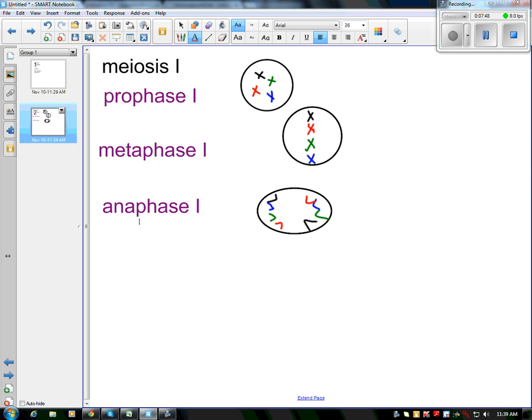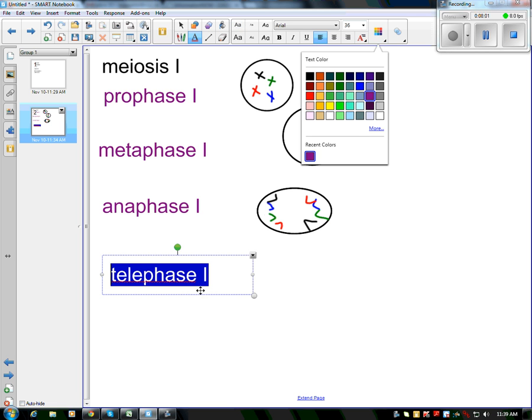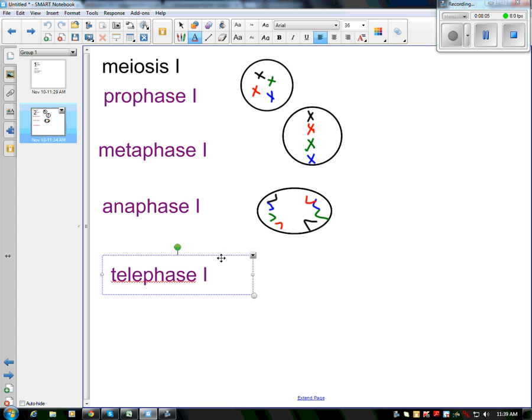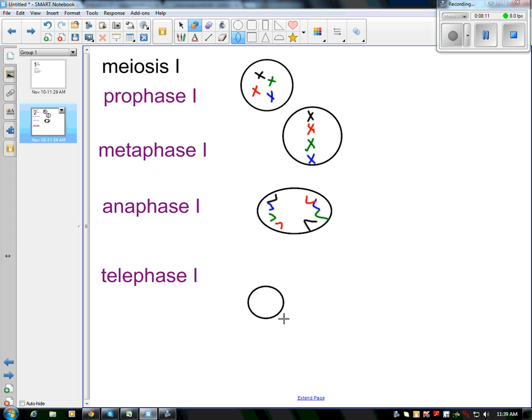And then our fourth step is telophase one. And this is when you get two daughter cells that have their chromosomes.